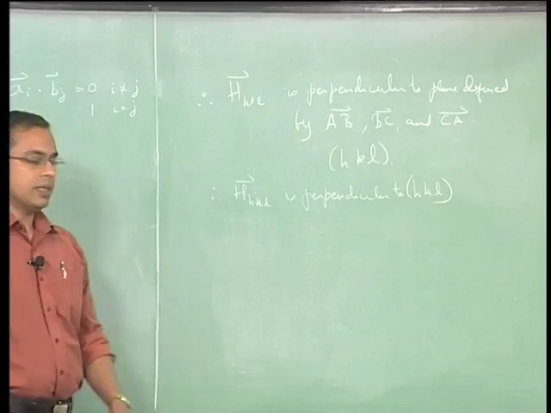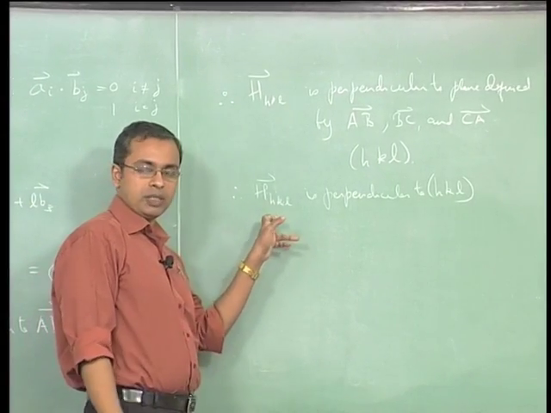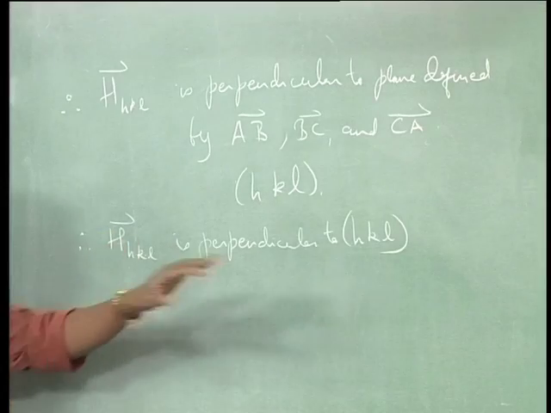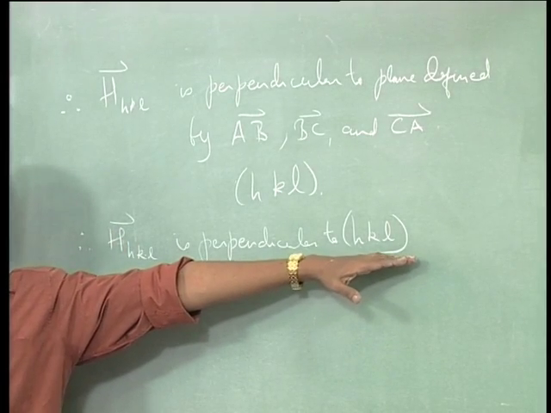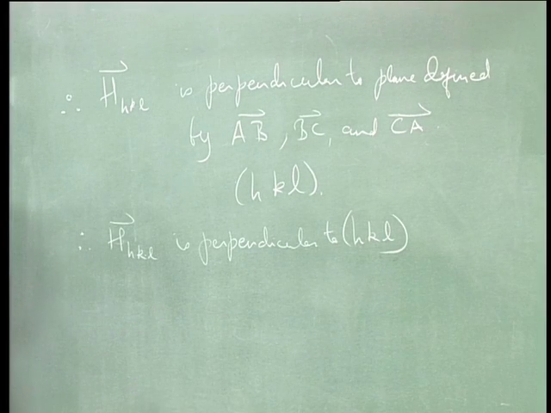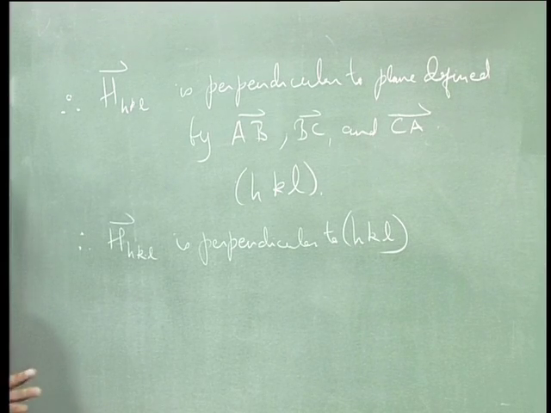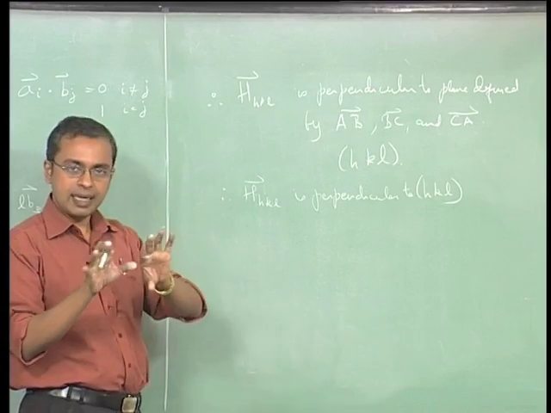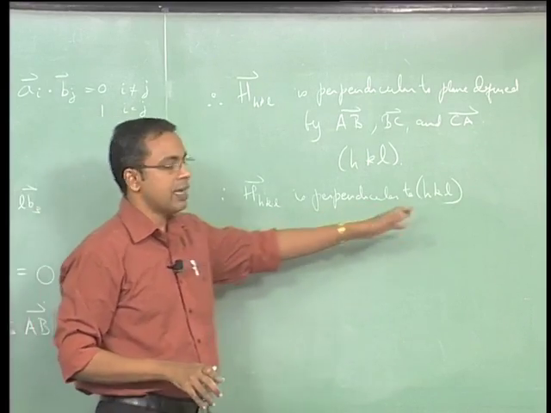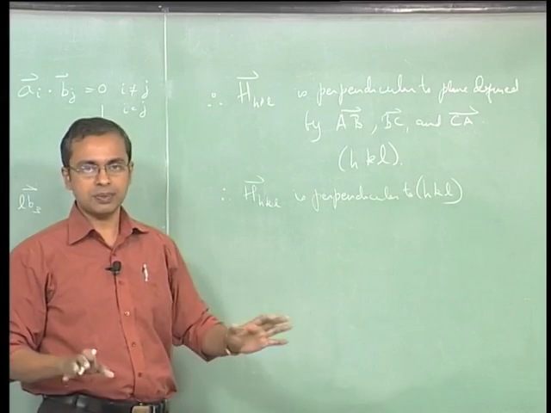So again we are relating a vector in reciprocal space to a plane in real space, and all these relations are coming about simply because our original definitions related a reciprocal lattice vector to real lattice vectors. That relationship was already there, and within the framework of this relationship we are finding other relationships that hold.